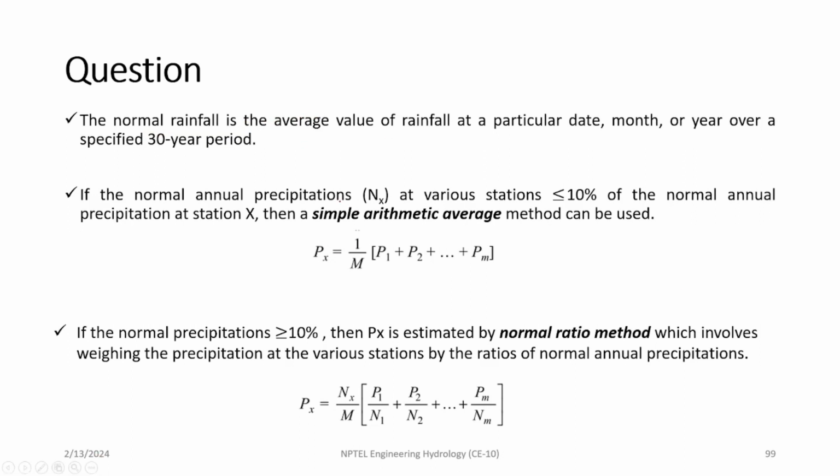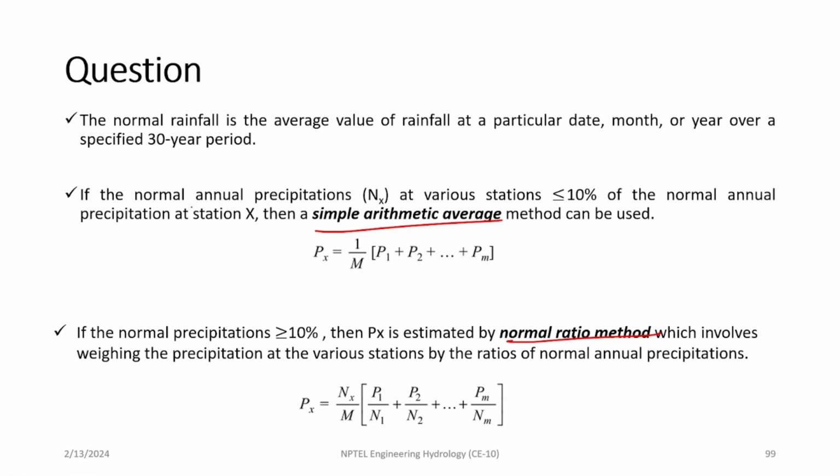Then you should have some idea of the basic difference between the simple arithmetic average and the normal ratio method. Ashish, there is one difference in when these methods can be useful.